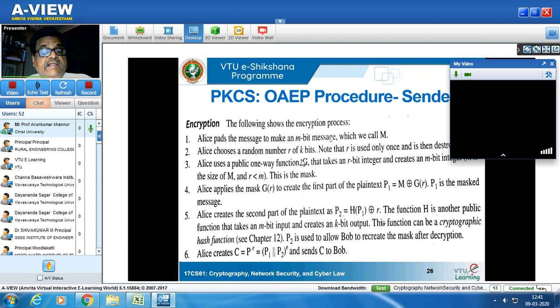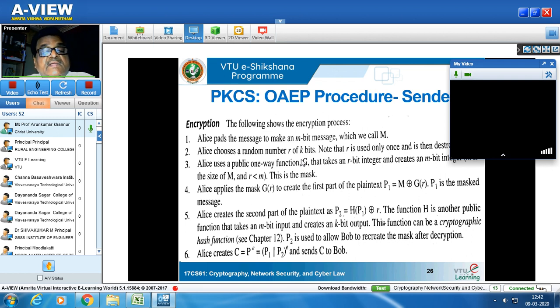Now, in general, Alice is creating the ciphertext C using encryption, which is an exponential function on the plain text P, and by making a PKCS format, it is actually P1 concatenation of P2 raised to P, and sends C to Bob.